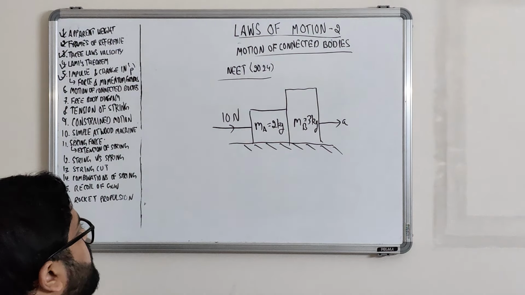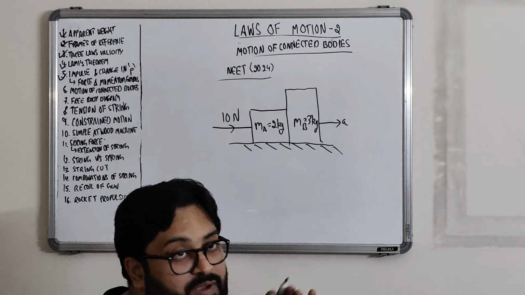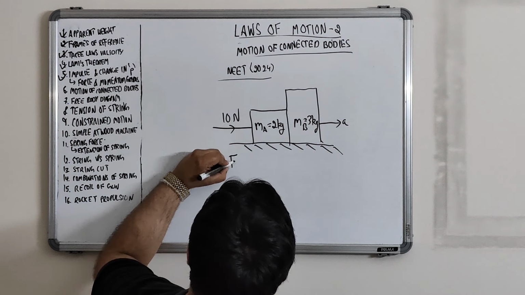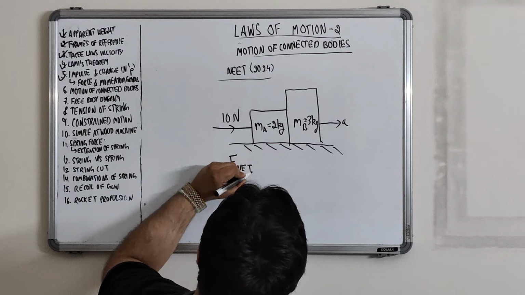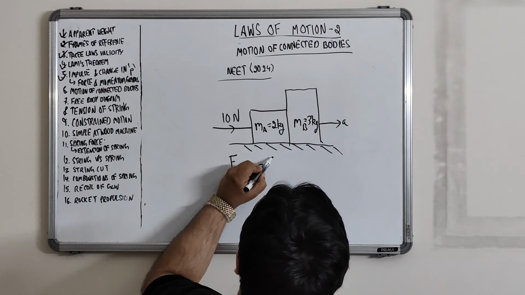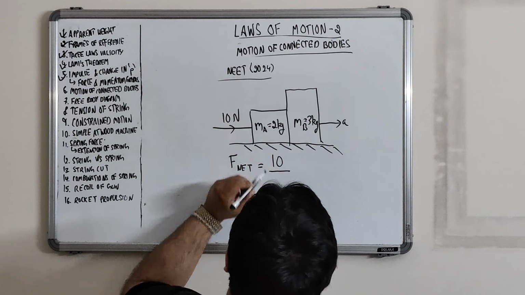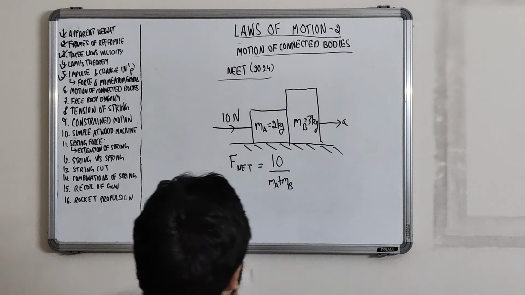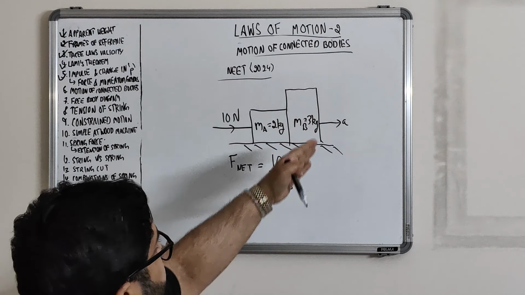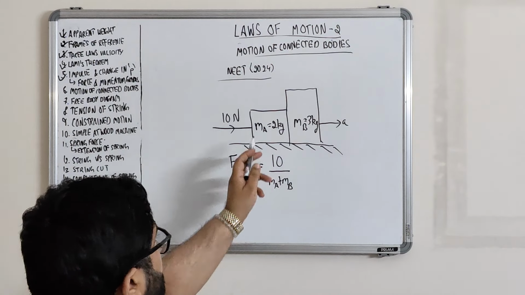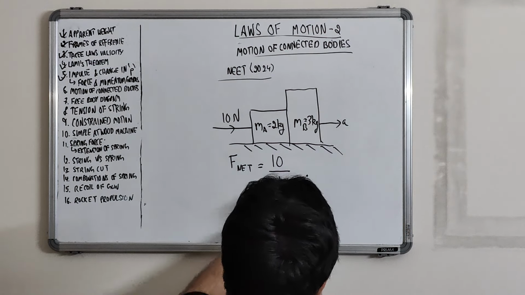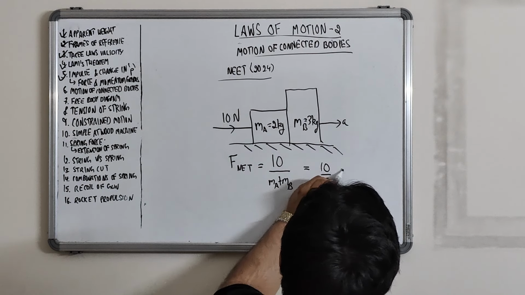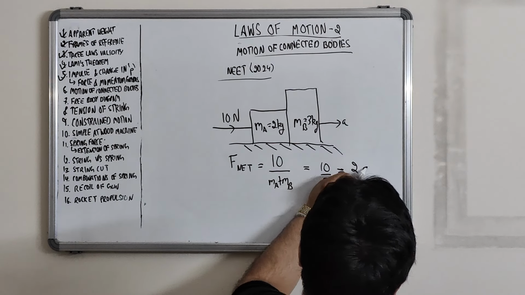As we have the values, we can find out what the acceleration is first. So F net is 10 upon MA plus MB, because this is a force that's getting applied, and think of this as a single block of the combined mass. So 10 by 5, we get an acceleration of 2 meters per second squared.